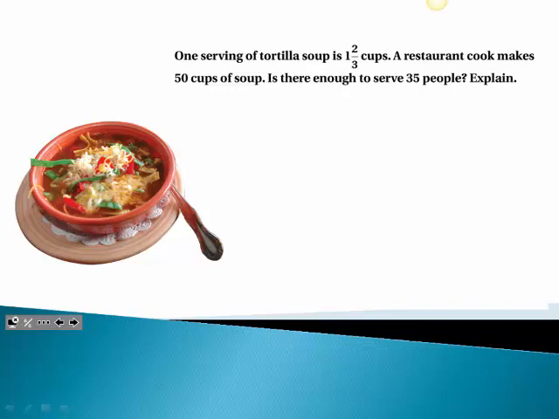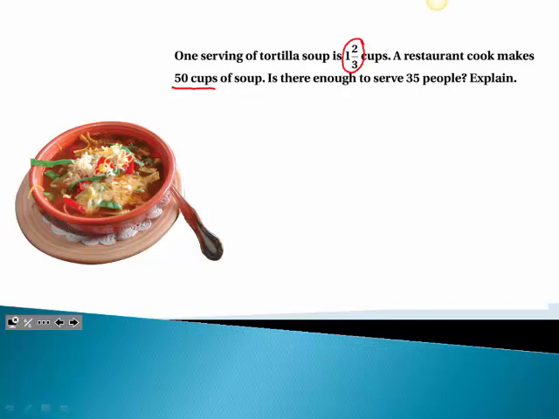All right, word problem, last example. 1 serving of tortilla soup is 1 2/3 cups. A restaurant cook makes 50 cups of soup. Is there enough to serve 35 people? So we have 50 cups of soup. Each serving is 1 2/3 cup.